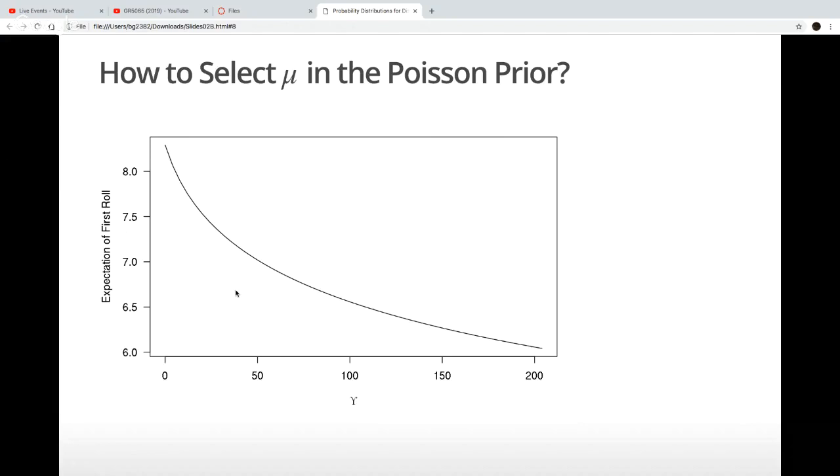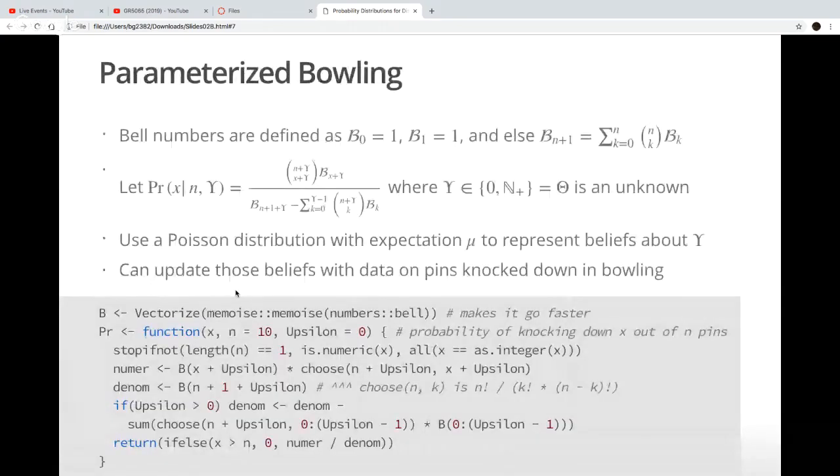Okay, so again, if we go back to here, upsilon is just the integer by which we shift everything over with these Bell numbers. If upsilon is 0, all these go away and we get n choose x of the xth Bell number divided by the n plus 1 Bell number.